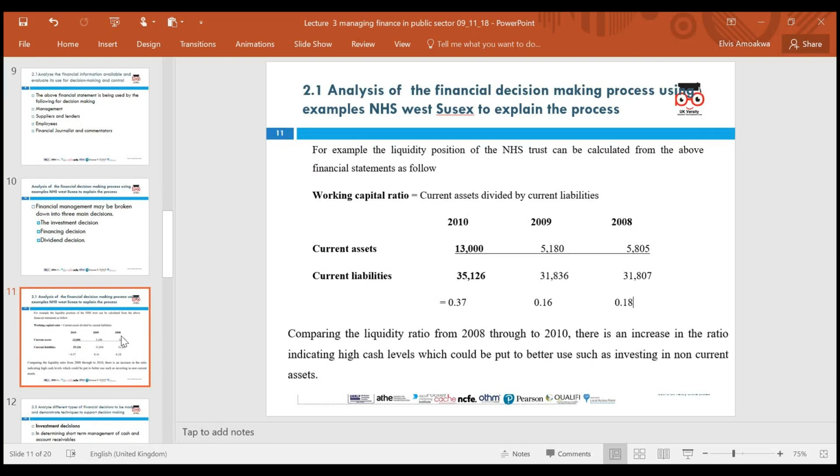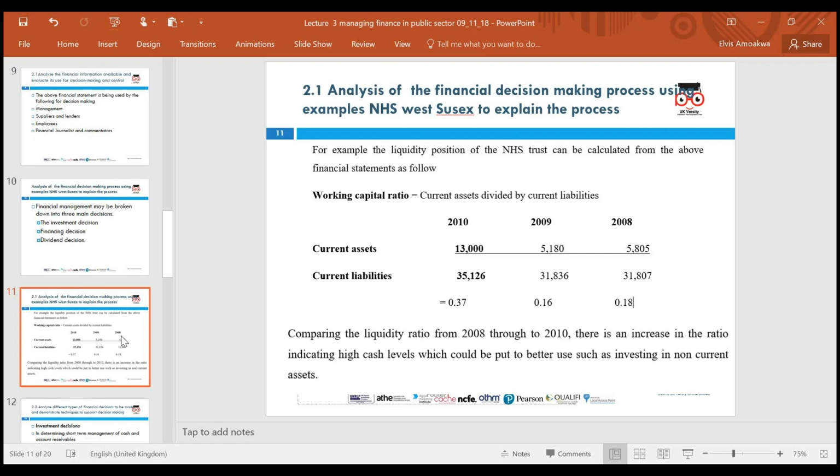I've put an example here. It's an example showing the liquidity position of the trust, which is calculated from the financial information that I showed you in the previous slide. I've taken your total current assets and your total current liabilities, and then I will be able to see the liquidity position.